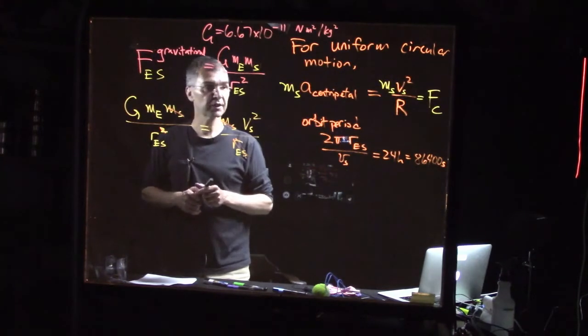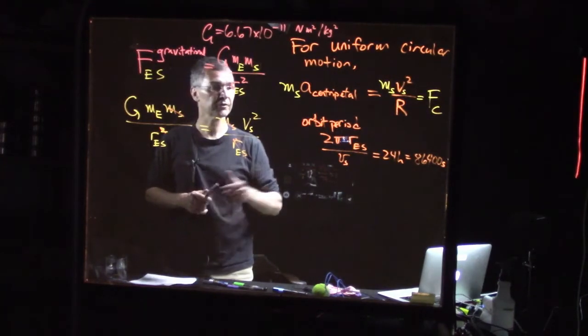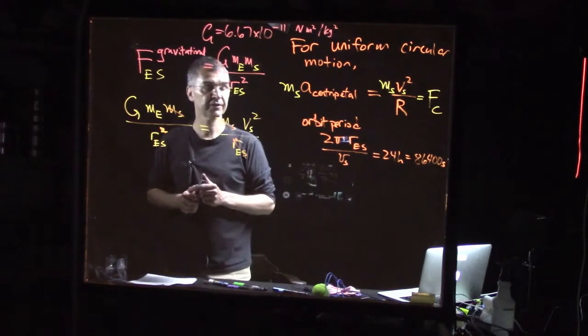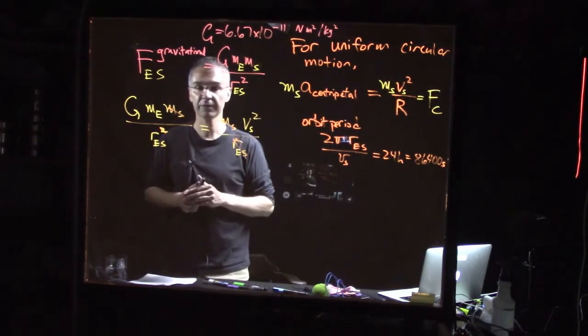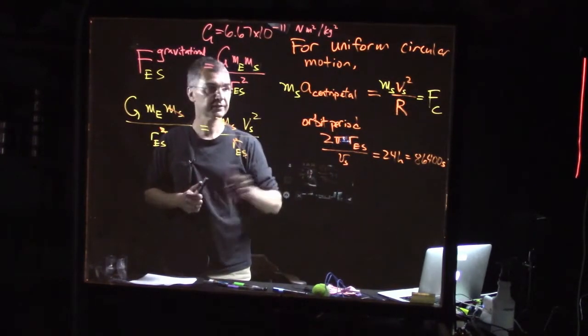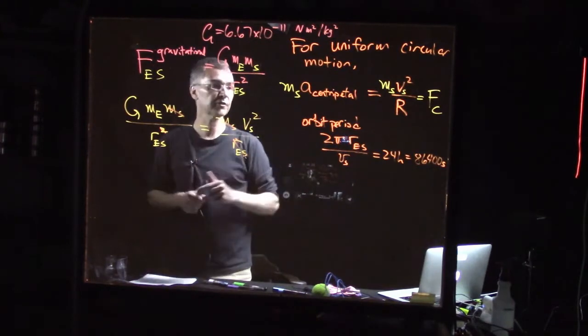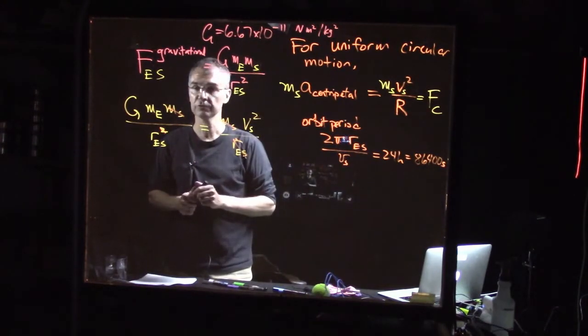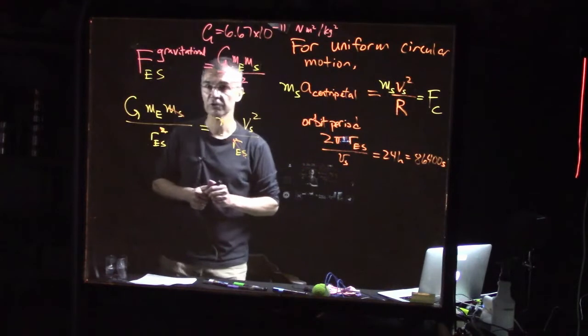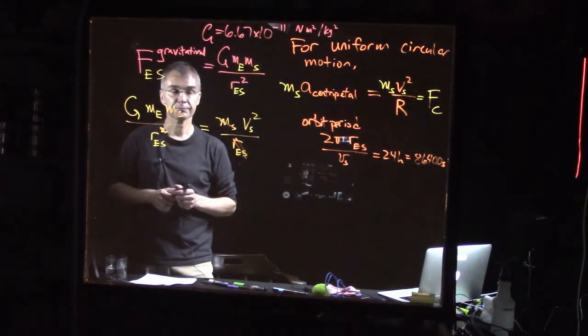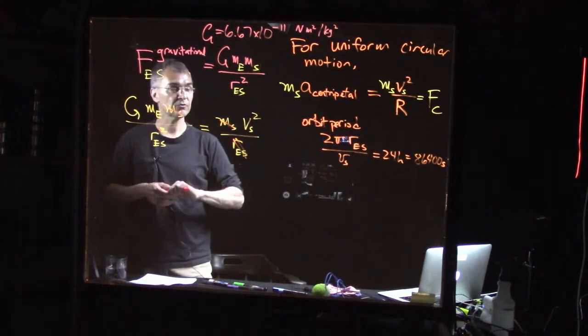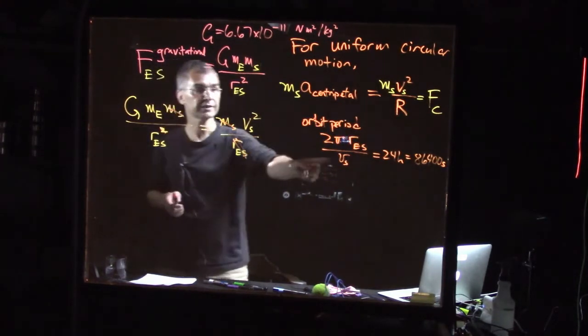I want to figure out how far away from Earth's center we have to be. It's going to turn out to be about 7 Earth radii to get these two equations to be simultaneously true. I guess the math isn't so exciting, but we can solve both of them for v and set them equal.